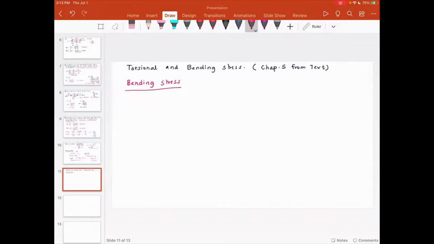So what happens is, think about like you have this beam, and this is a rectangular beam. And what we do is we apply forces on this rectangular beam, and because of the forces, this beam bends.